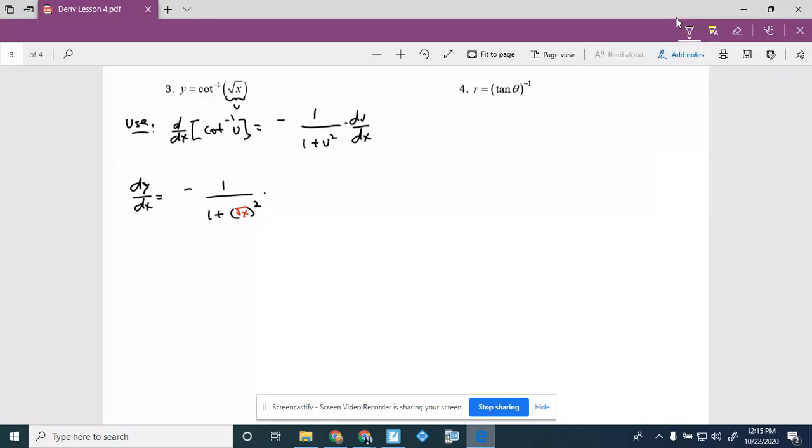Well, stuff is radical x, and I told you memorize that one. The derivative of that is 1 over 2 radical x. And again, this one's pretty nice, cleans up pretty simple. So you're going to get negative 1 over, maybe I'll write 2 radical x first, and then times 1 plus x, right? Because radical x squared is just going to be x. All right, so you end up getting that. Nice clean version, nothing too bad.